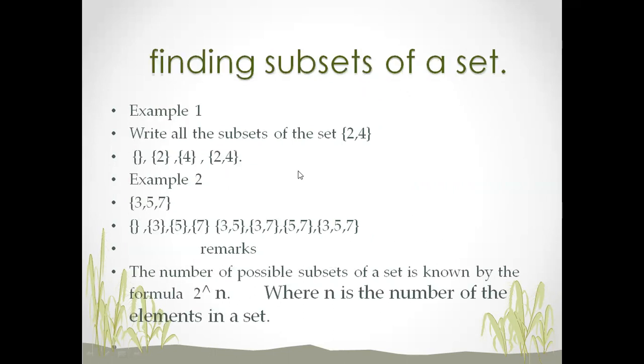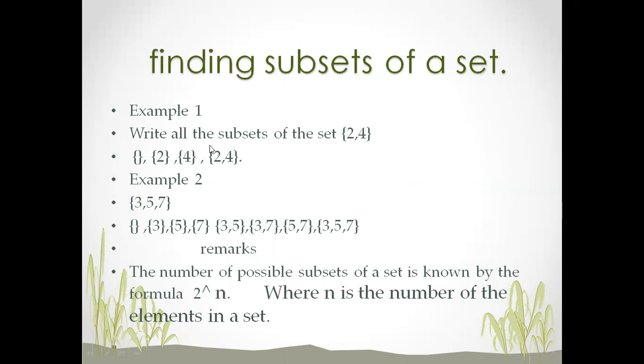So now we see subsets of a set. What is a subset of a set? I will explain the subset of a set with the help of an example. For example, we have a set which has two elements, 2 and 4.